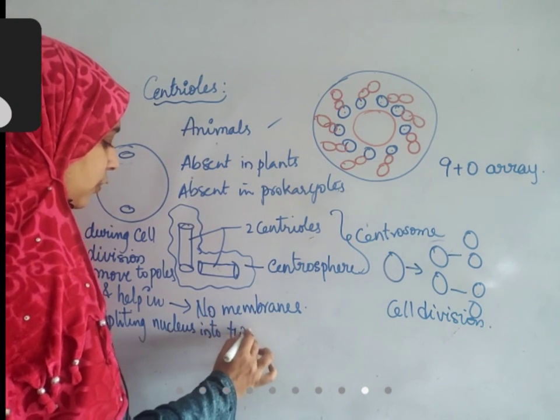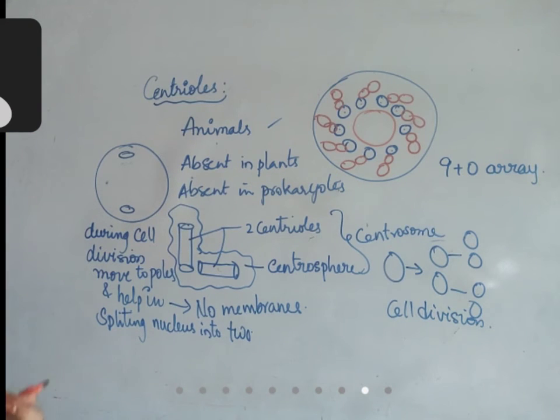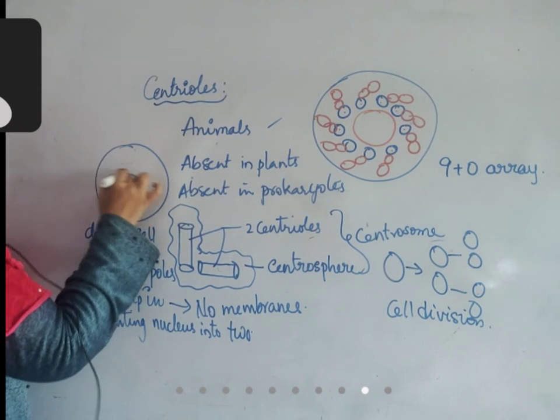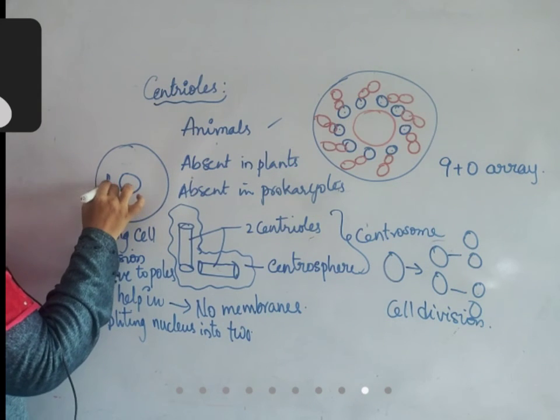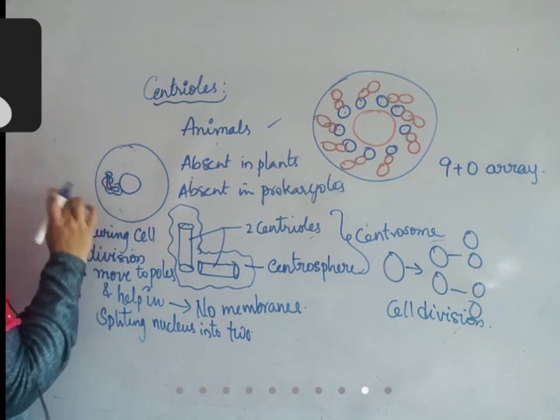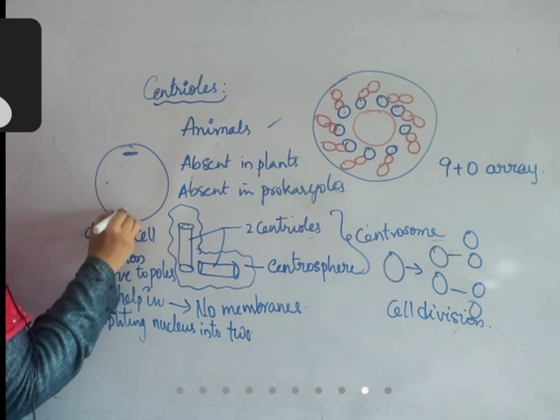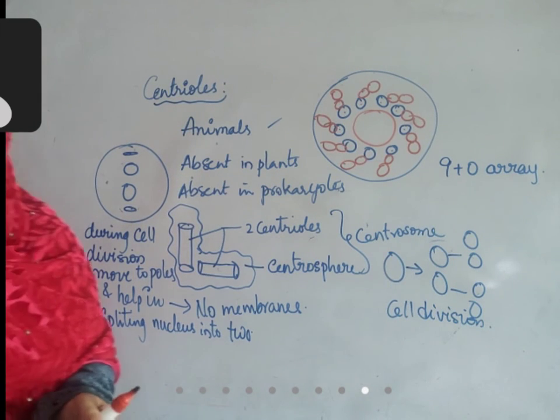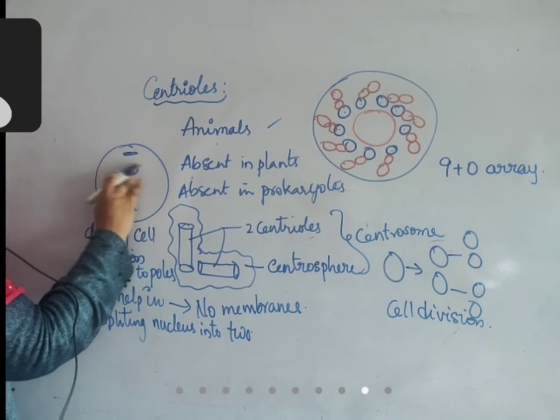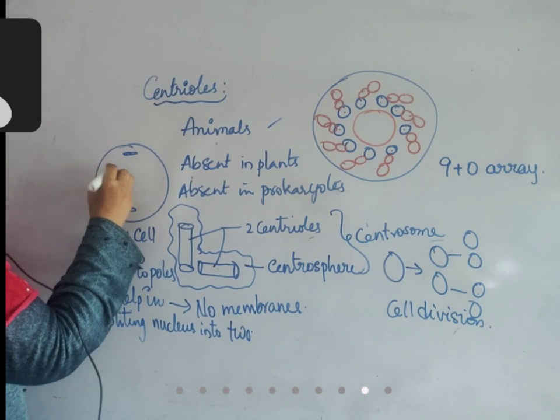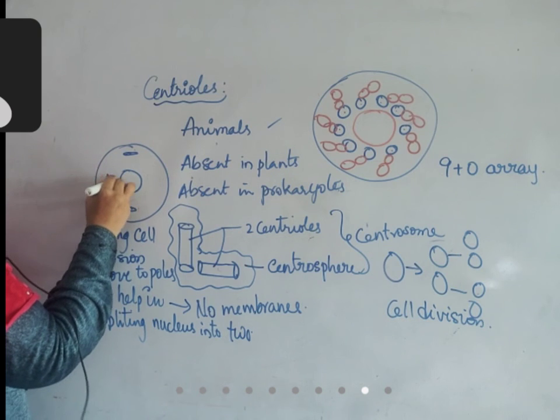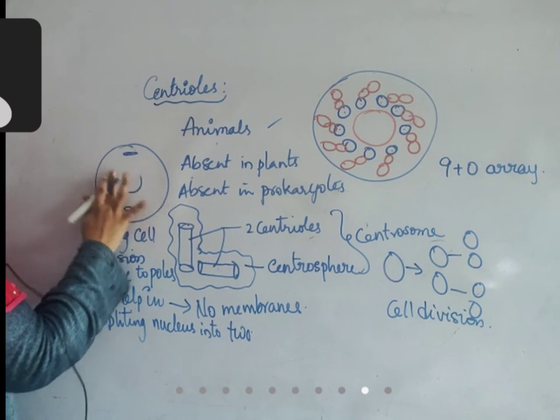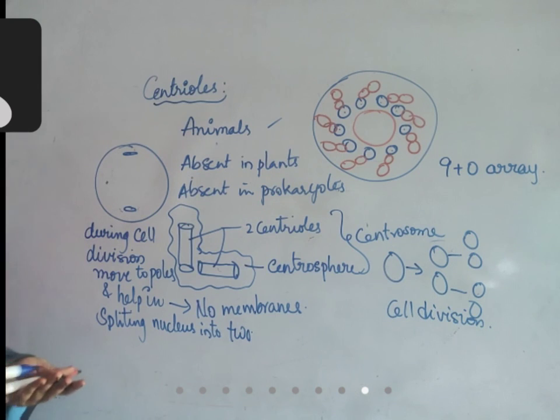That is the main function of centrioles, right? After the cell division is completed, again they migrate to their position which is just beside the nucleus, like this they are. Whenever cell division should occur, they move to the corners and they help in dividing the nucleus into two. Okay, so that is their main function. Normally, they are present just beside this nucleus like this at right angles. When cell division should occur, they move to corners and they help in dividing the nucleus into two.